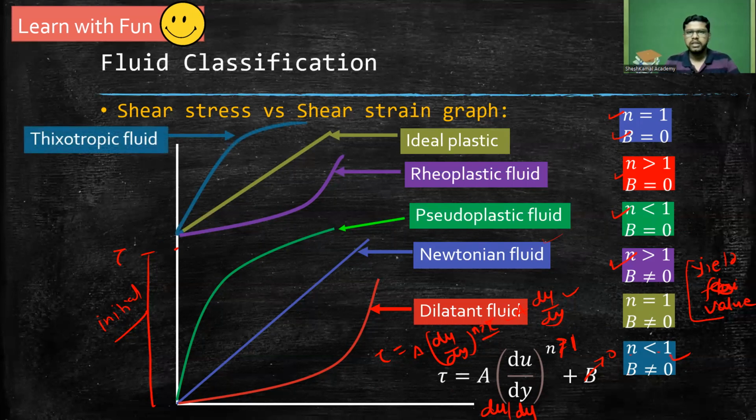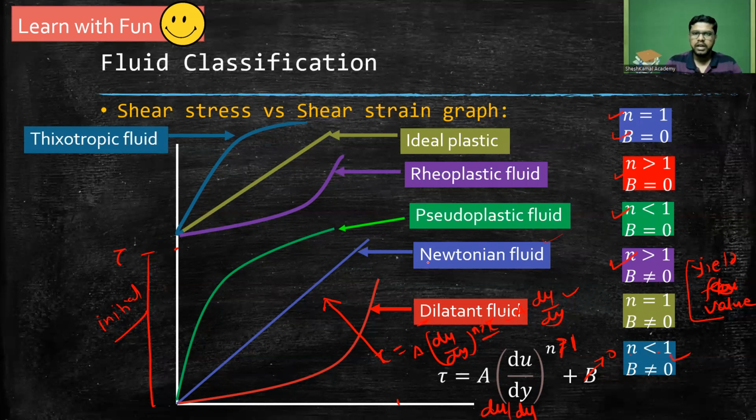Now how to remember this graph, because there may be a little confusion to plot the fluid and name it. So I will suggest to just go in this direction, from x to y, in alphabetical order. If you observe the list of these fluids and observe the first letter, it starts from D, that is dilatant fluid.